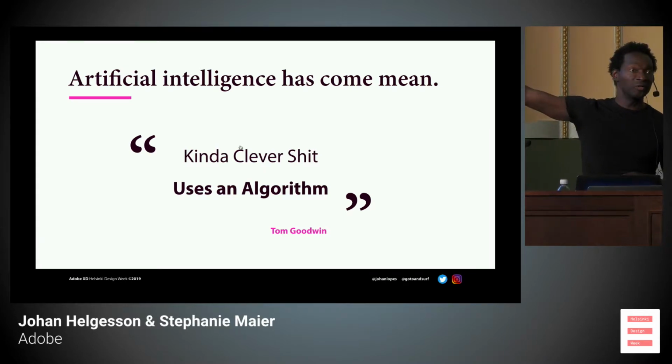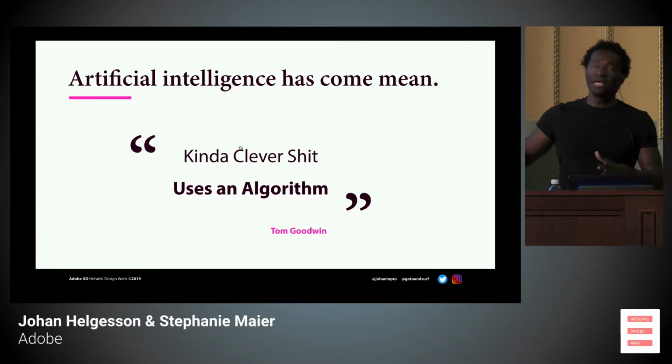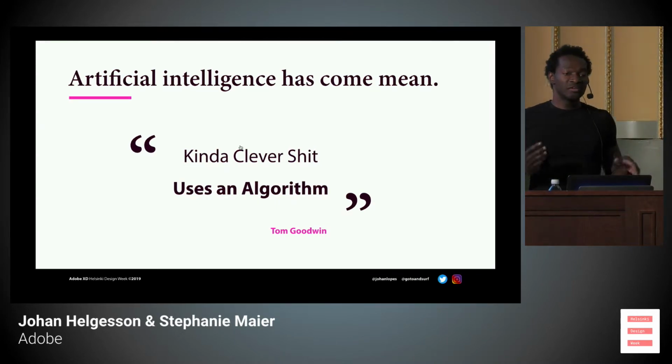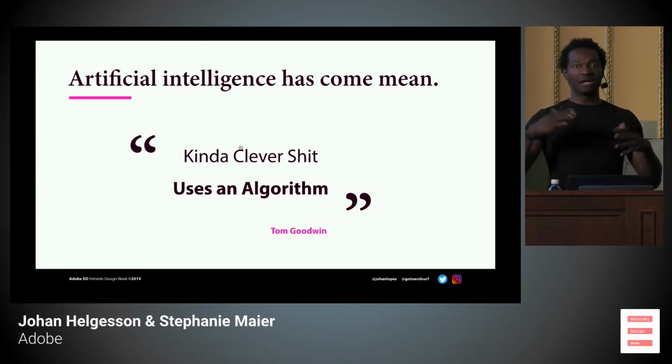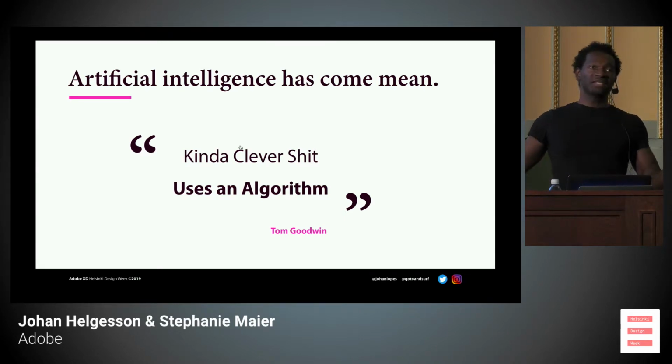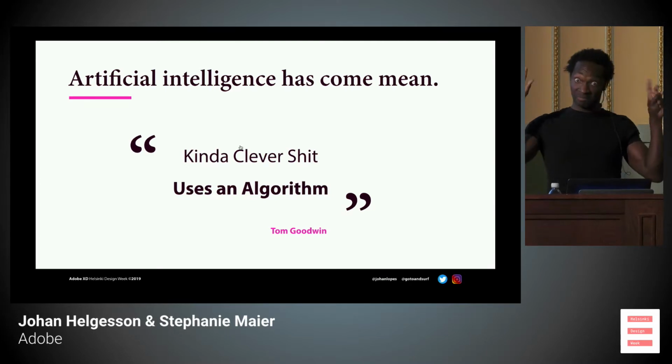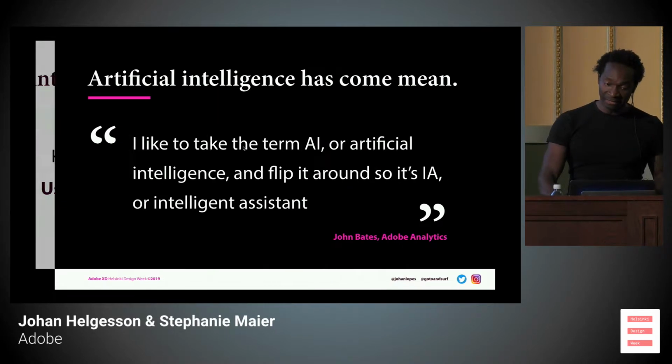He says this, and I love it, because if you don't have to go into details about exactly what kind of algorithm you're using, it's some kind of clever algorithm, and that's what is nowadays becoming AI.